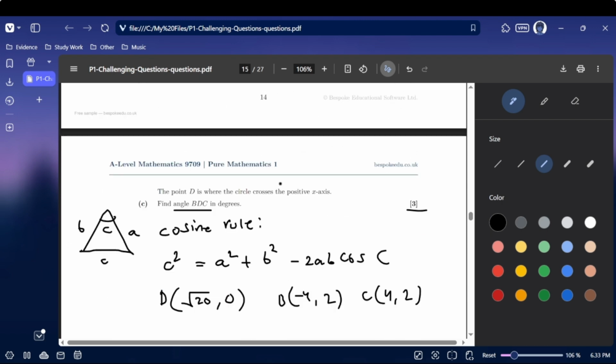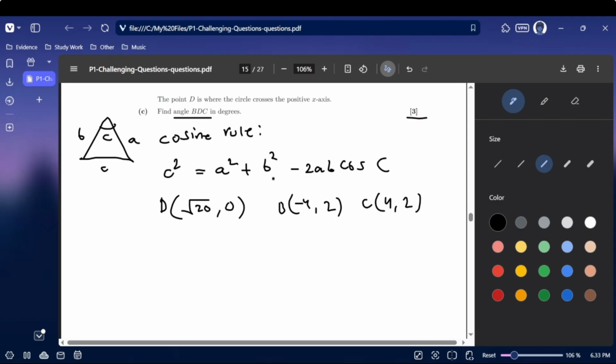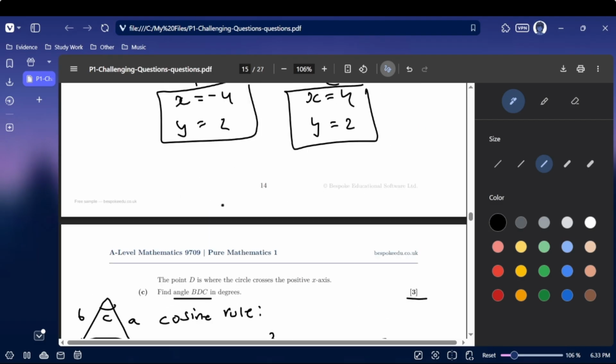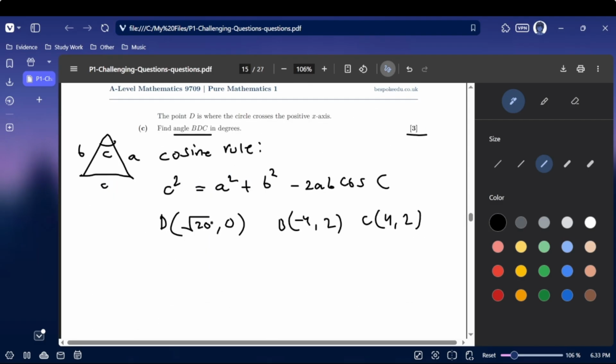I would probably go with, you want me to check the paper? Yeah, if you could, I'll go with this method till then. So you just find out all the three sides first. So BD, BC, and then you have DC.